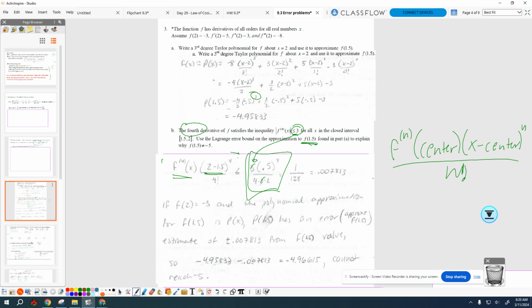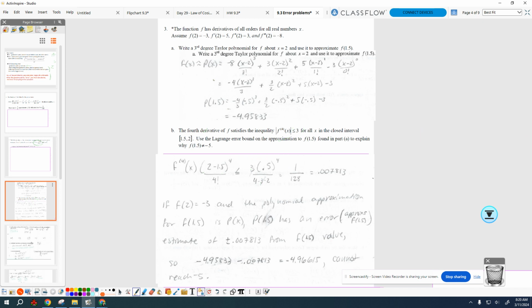I'm confused, like what do you actually have to write at the bottom? Something saying my function at 1.5 is at most the polynomial at 1.5 plus the max error and minus the max error. So the real value of f of 1.5 is squished between them, right?